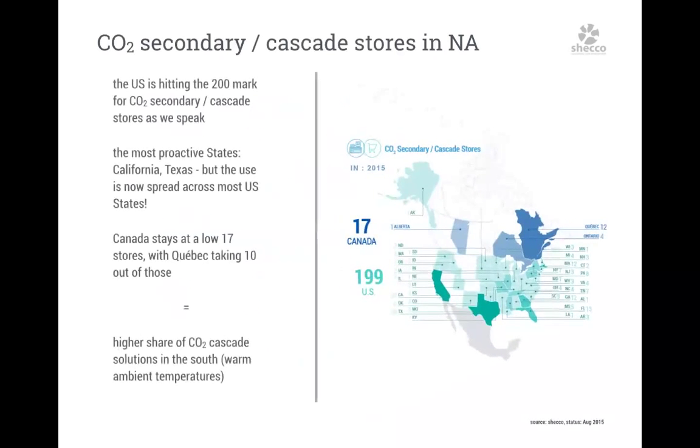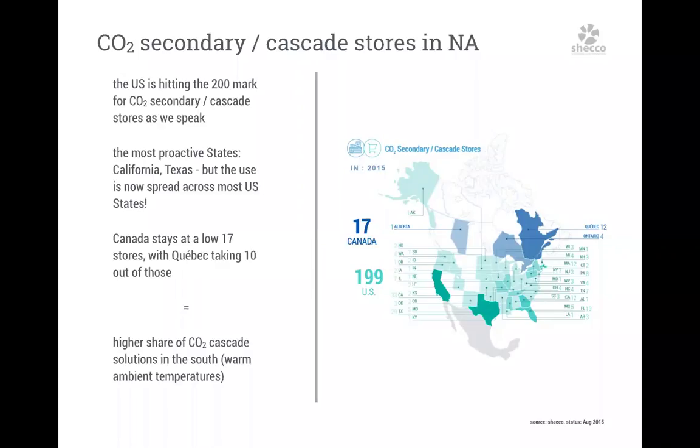The main message here, in the comparison between Canada and the US, is that we are hitting the 200 mark of CO2 secondary cascade stores as we speak. Most proactive states here are California and Texas. But the use, if you look at the map and see the colors, is now spread across most of the US states. Canada stays at a very low 17 stores, Quebec again taking 10 out of those.